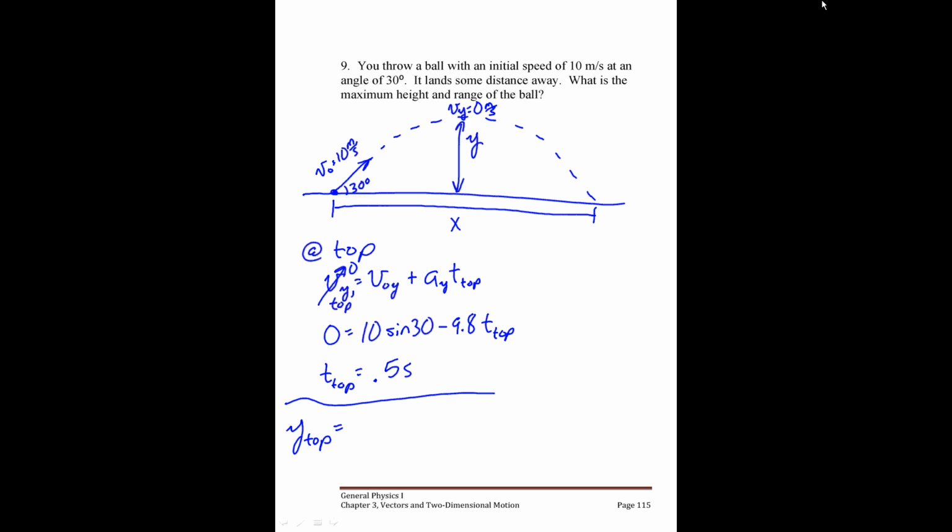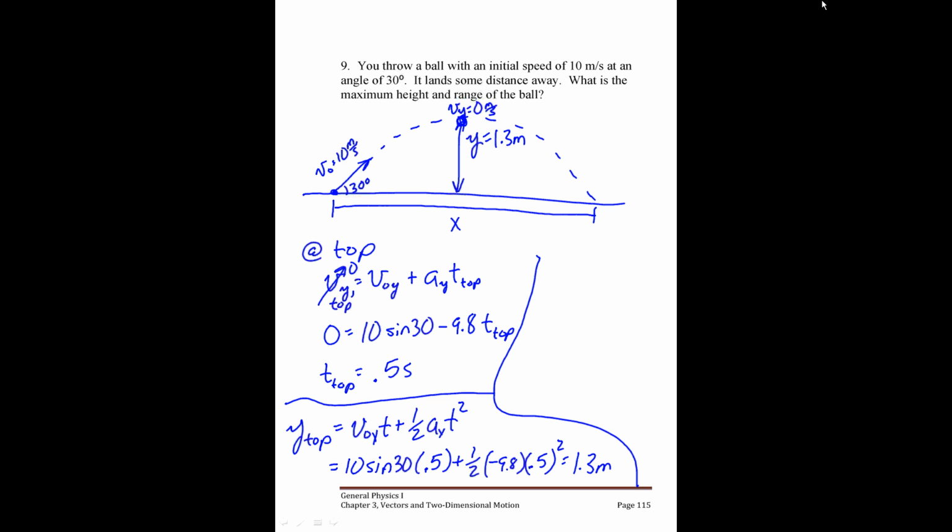At 0.5 seconds it is going to be V naught y times t plus 1/2 ay t squared. That is 10 sine of 30 times 0.5 seconds plus 1/2 times minus 9.8 times 0.5 seconds squared. And that gives me my y position, which is 1.3 meters.